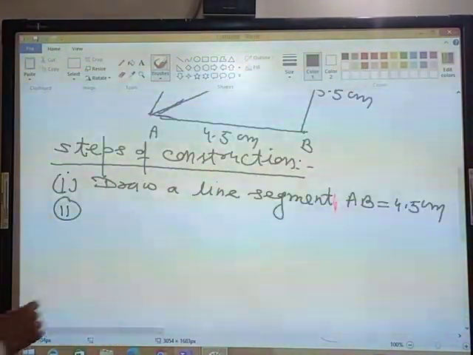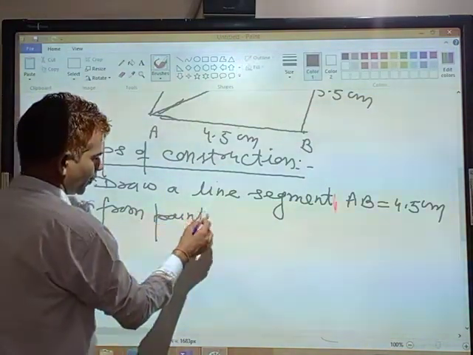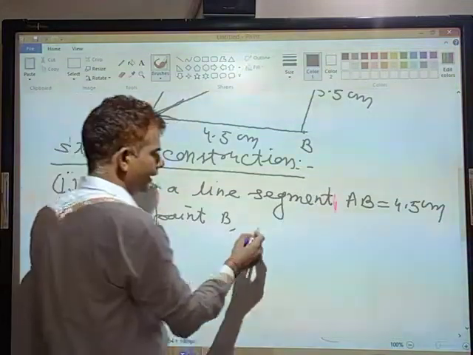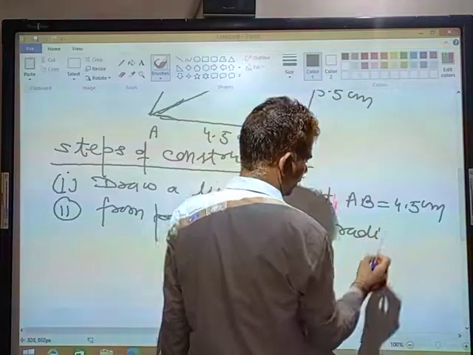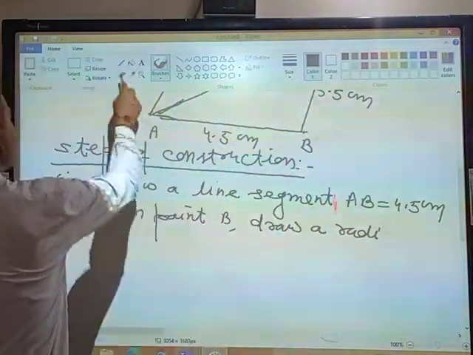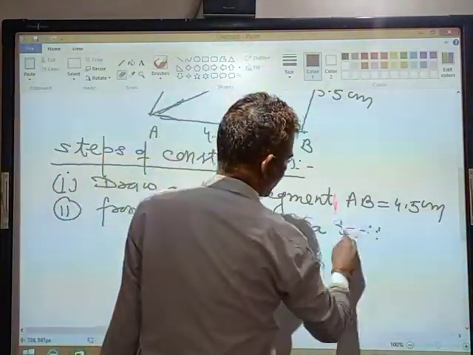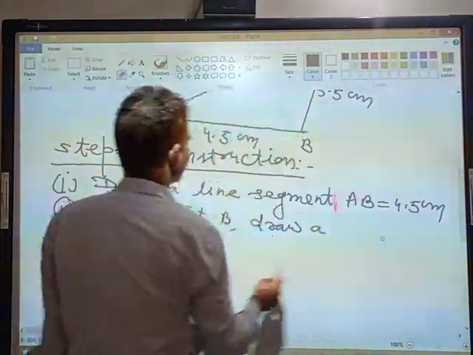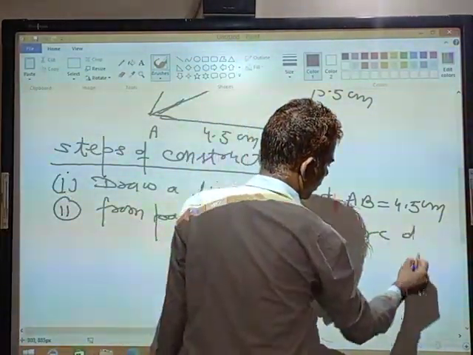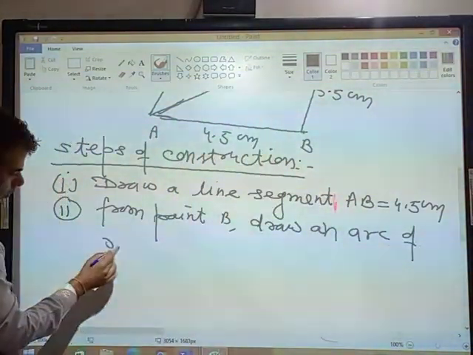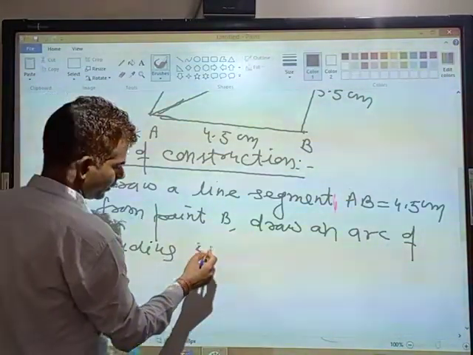Now see here: from point B, draw an arc of radius 5.5 centimeter.